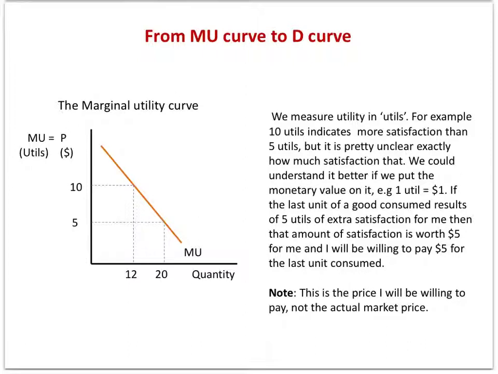For me, it's worth $5 and I will be willing to pay $5 to buy the 20th unit of this good. So, the more satisfaction I get from consuming an additional unit, the more I will be willing to pay. The less additional satisfaction I get from consuming an additional unit, the less I will be willing to pay.